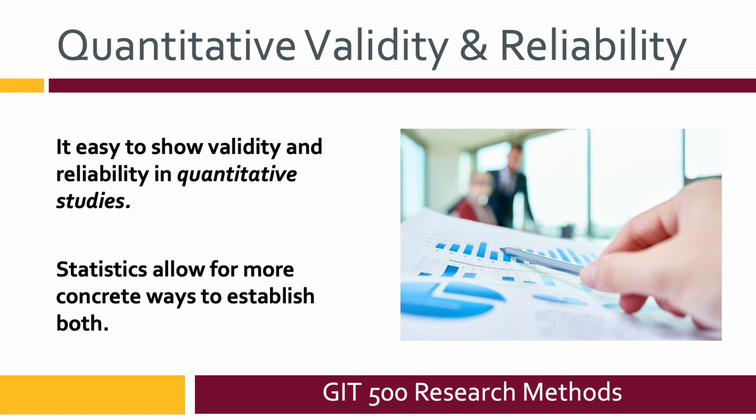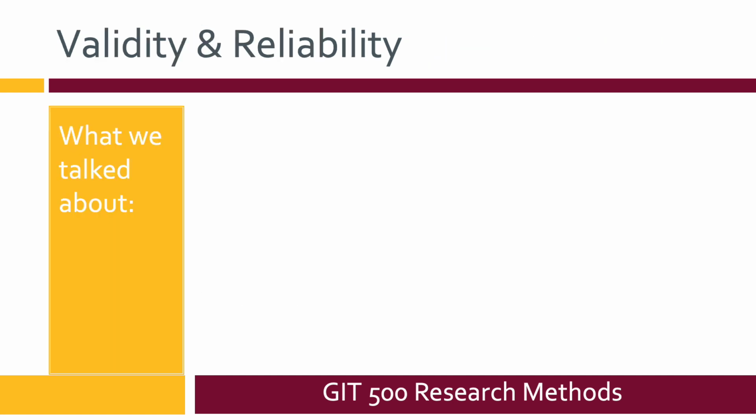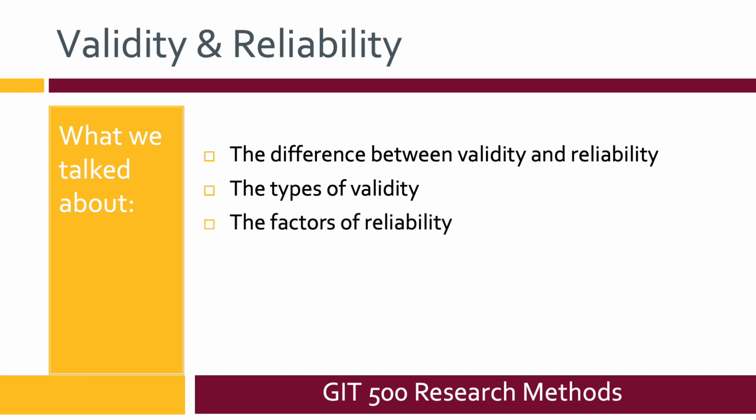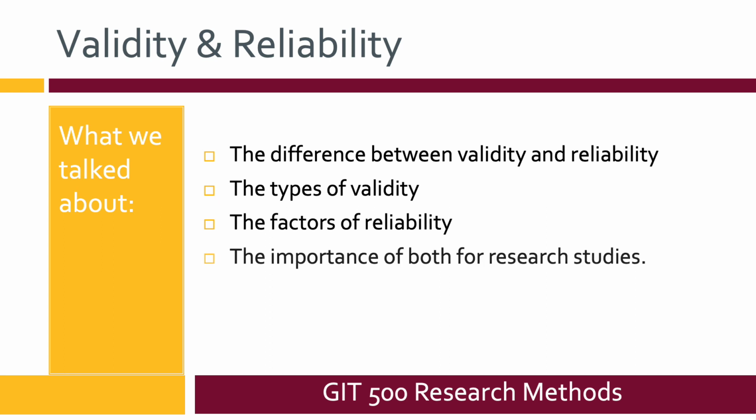It's a little more difficult with qualitative, but again, if you really make sure that your data collection instrument is well constructed, that will add to both validity and reliability of your qualitative or mixed methods research studies. We talked about the difference between validity and reliability, the different types of validity, the factors of reliability, and really the importance of both for research studies.